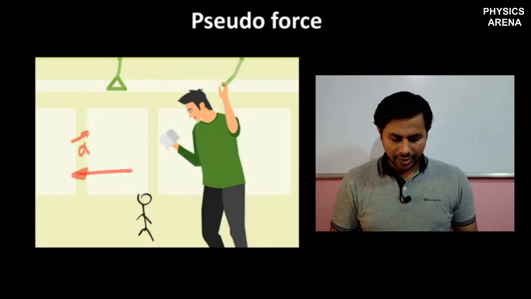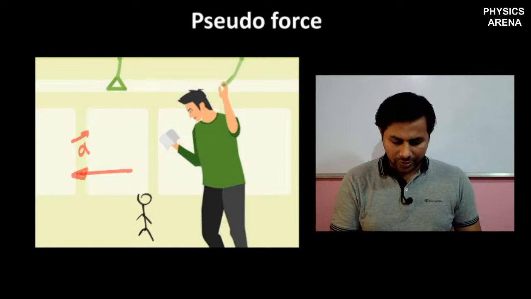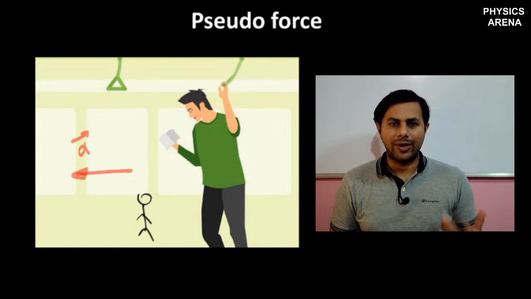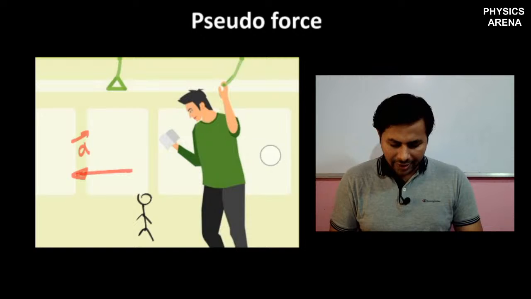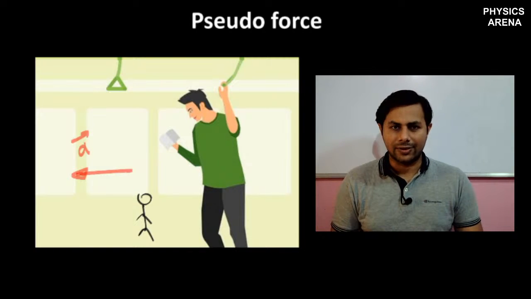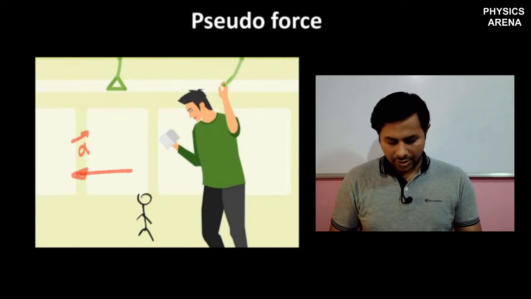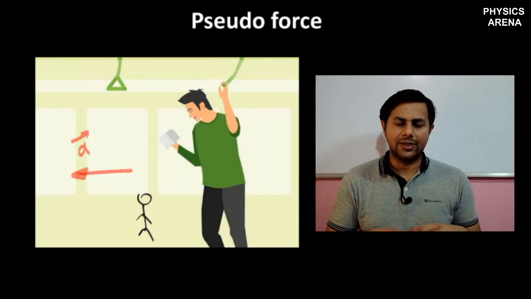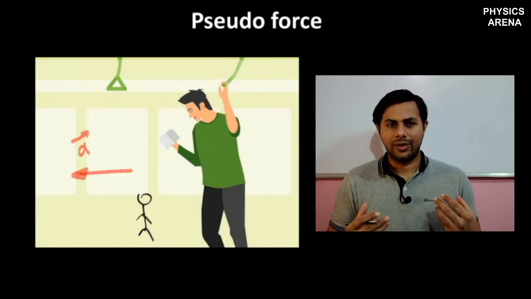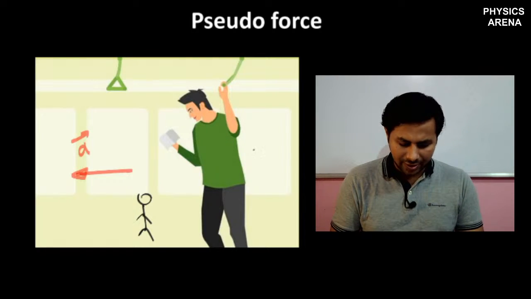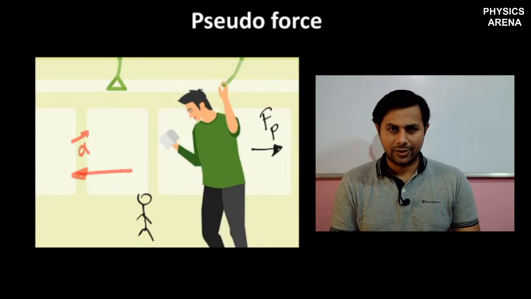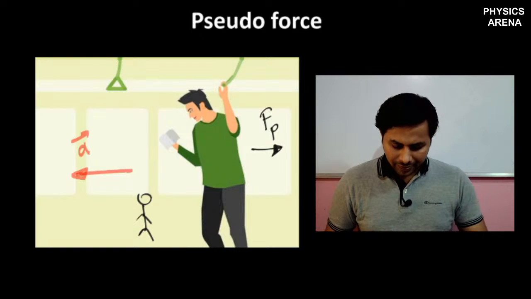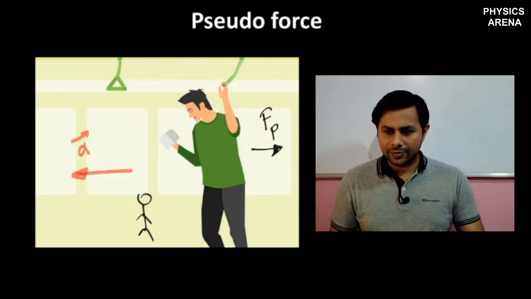So for this person, the forces seem balanced, and still the man gets an acceleration in the backwards direction. So he thinks there is some imaginary force acting on the man which pulls him backwards, and that force is known as the pseudo force.